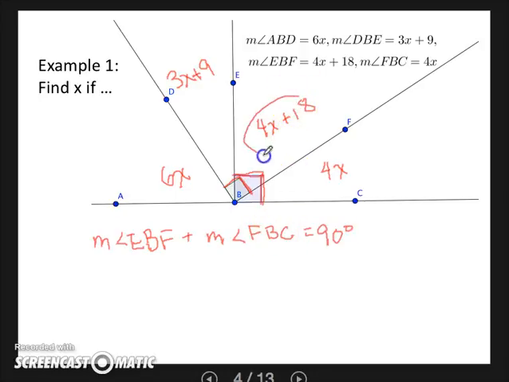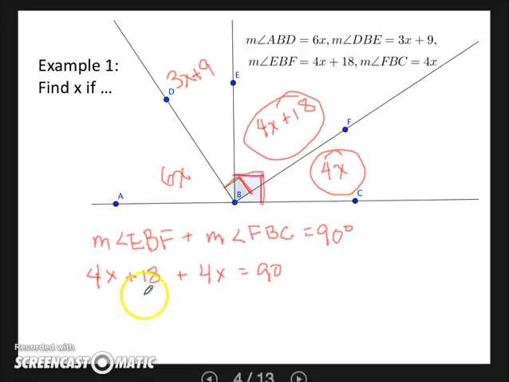Substituting in what I know about those angles, I'm going to say 4x plus 18 plus 4x equals 90. Therefore, 8x plus 18 equals 90. Subtracting 18 from both sides, I have 8x equals 72.